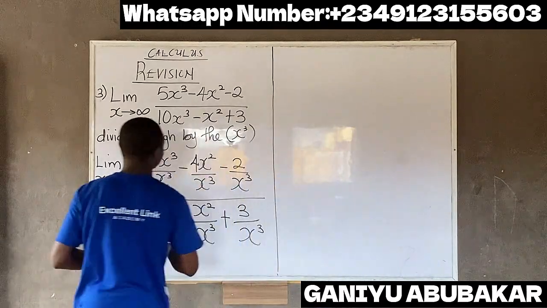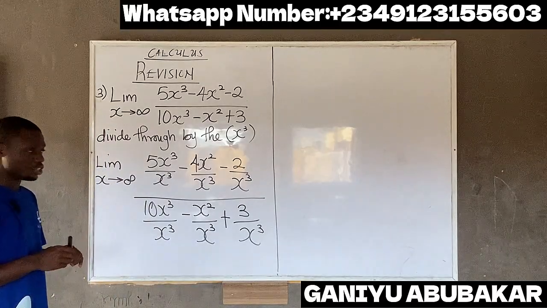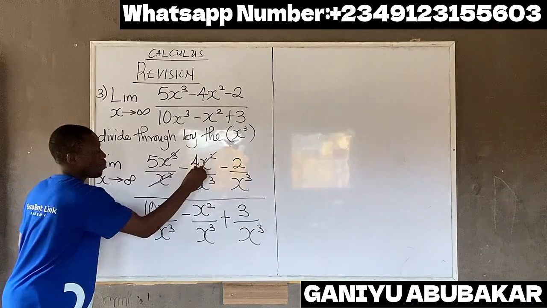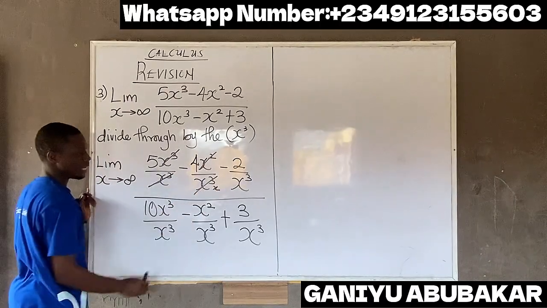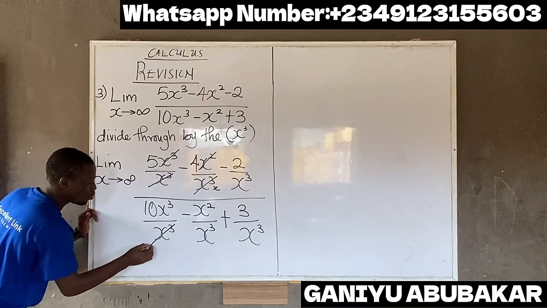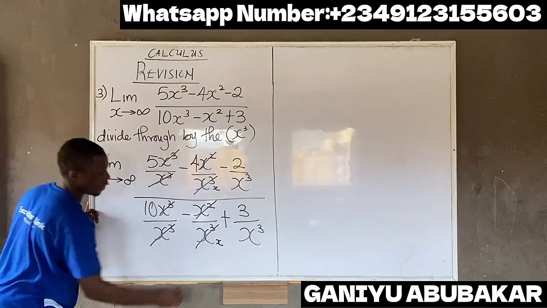My next priority is to now apply my basic mathematics knowledge. I know that this one here will cancel this. x squared will cancel x cubed. I'll have 1 over x left here. This one will remain the same. Obviously, this one cancels this one. x will cancel x cubed. I have 1 over x left here.